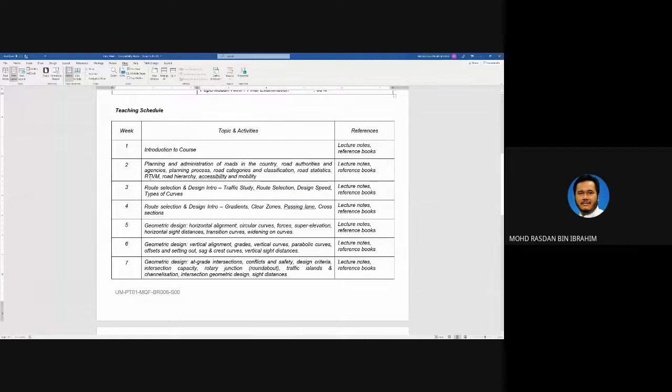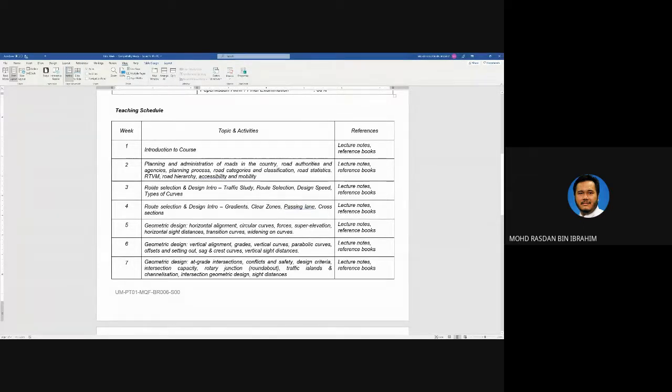RTVM is Road Traffic Volume Malaysia. I'll show you that document next week. For those who have already taken KIA4015, they already know what this document is.